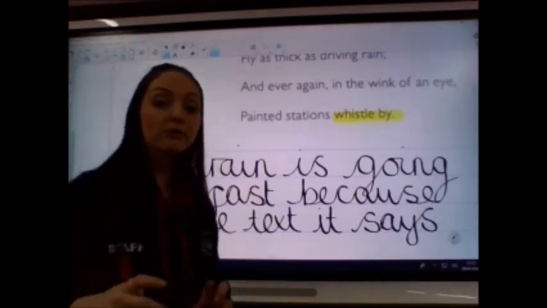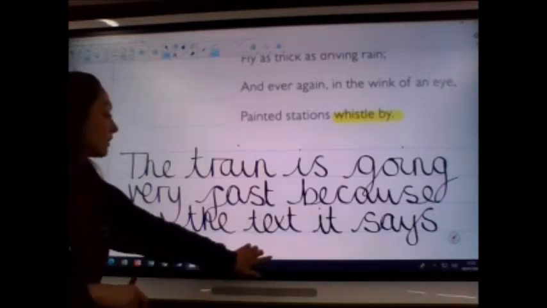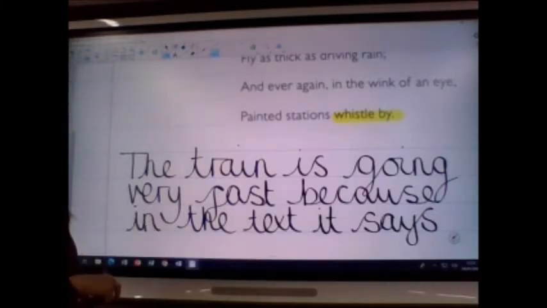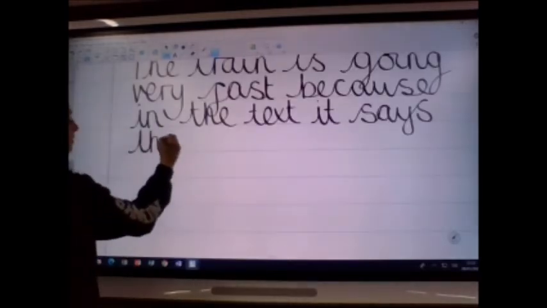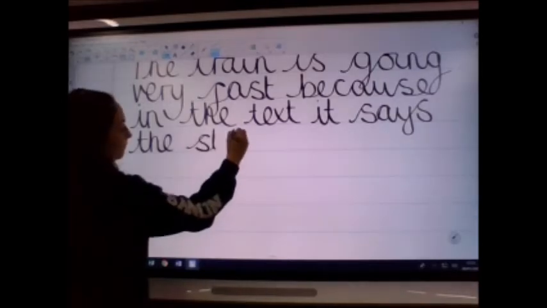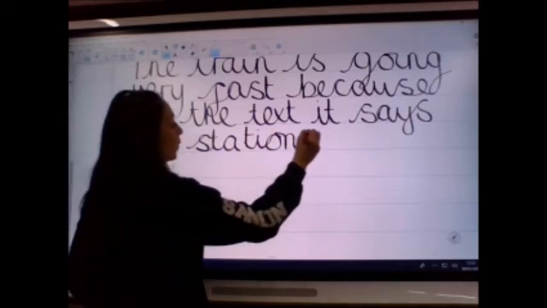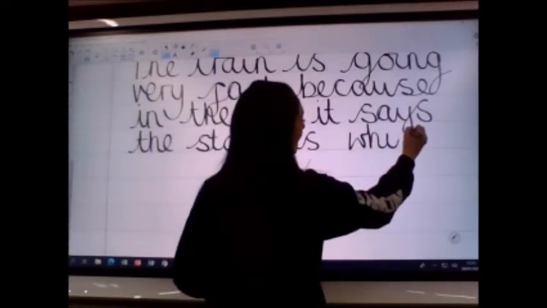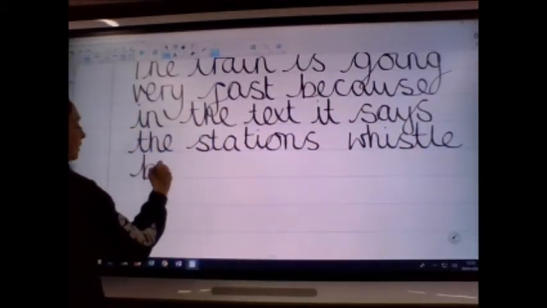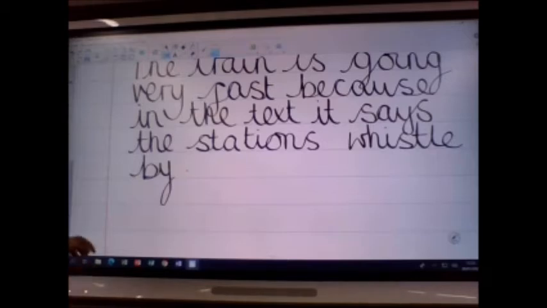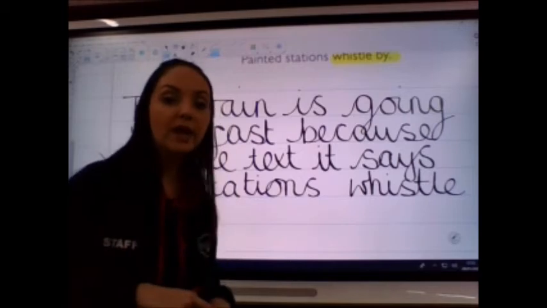So it's not always right or wrong which bit of evidence you use, as long as it supports your answer. So the train is going very fast because in the text it says the stations whistle by, and that means they're whizzing by. So it must be going fast. Yeah? And then don't forget your full stop at the end. Okay? So that's the kind of answer that you need to be writing for the next one.